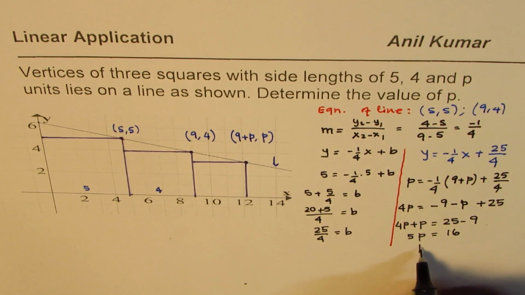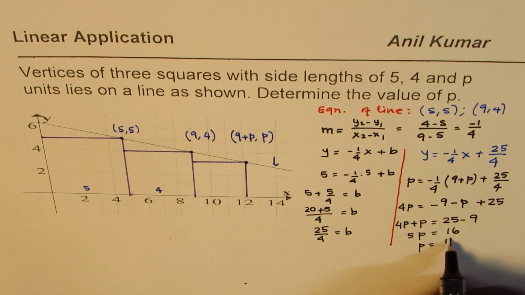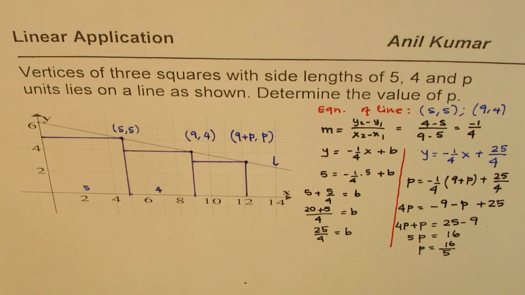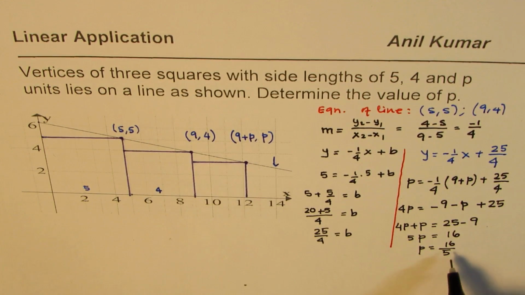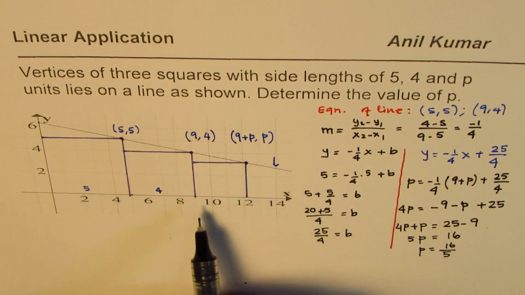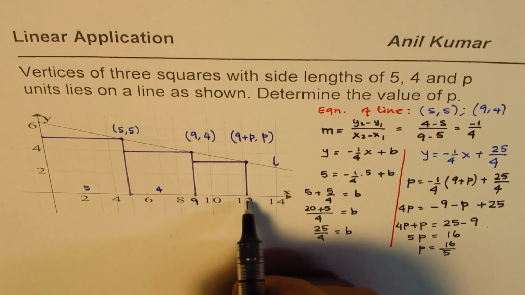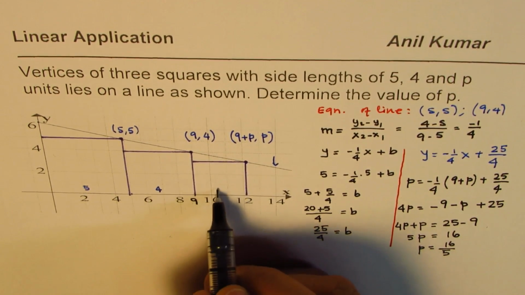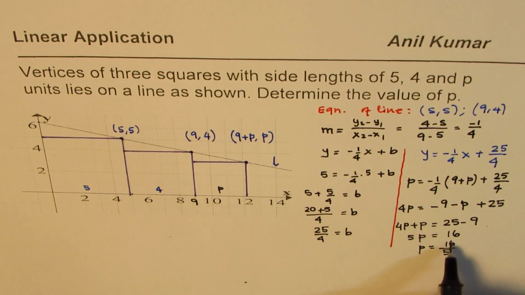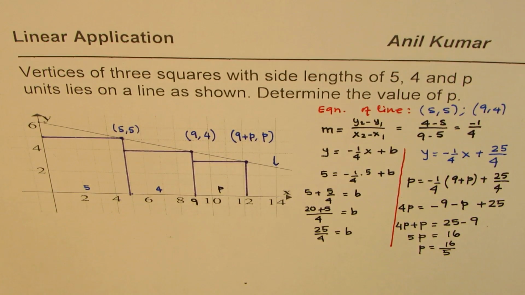So p equals 16 divided by 5. That becomes our answer, 16 divided by 5, which is slightly more than 3. If you see, this point is 9 here, and this is slightly ahead of 3, so the value of p is 16 over 5, which matches the given diagram also, correct?